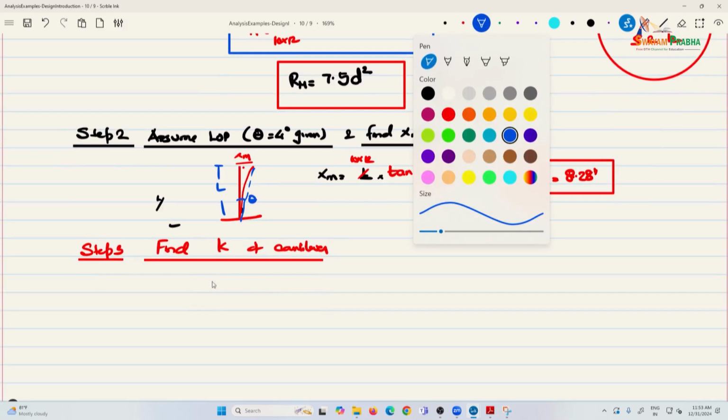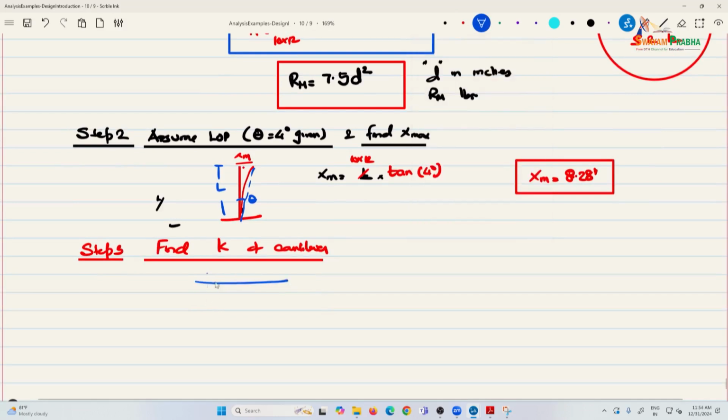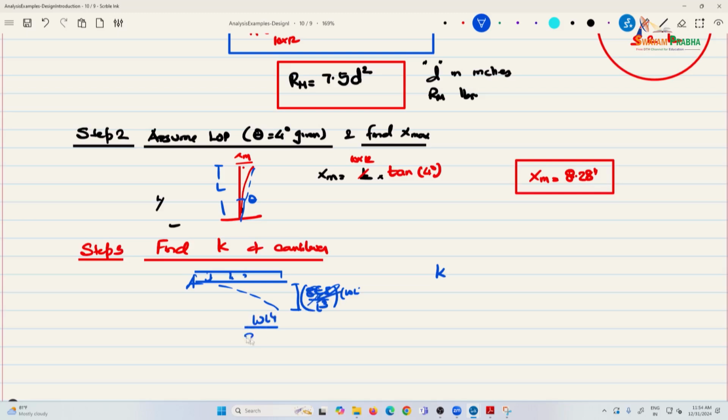For a cantilever section, continuous loading, this is WL cubed by 8 EI, WL power 4 by 8 EI. So, K is equal to 8 EI divided by L cubed.